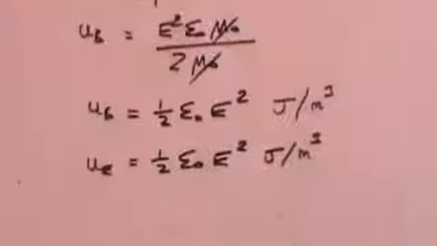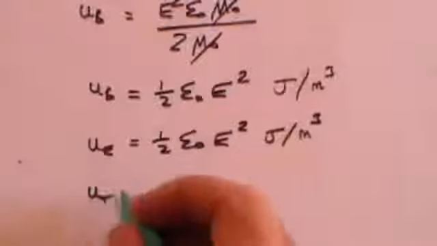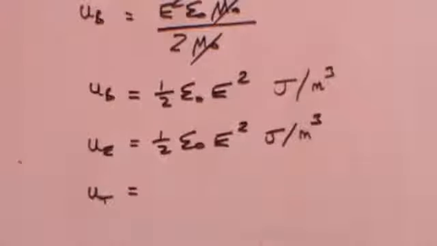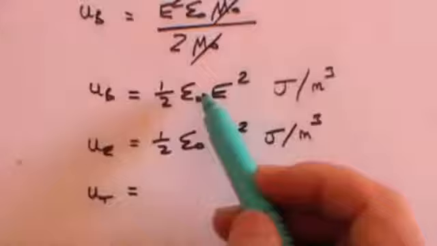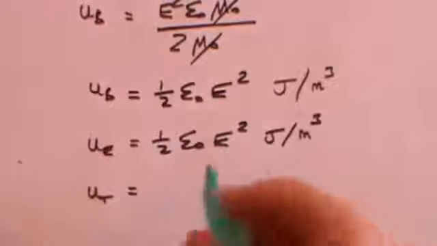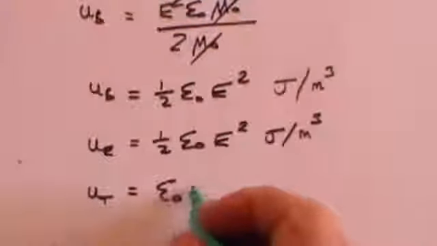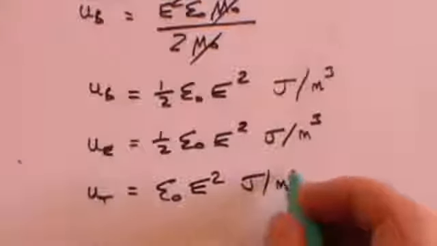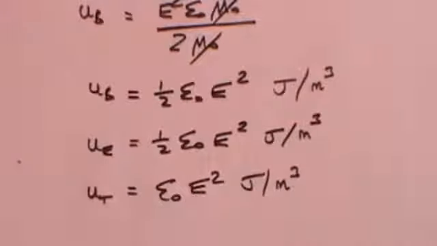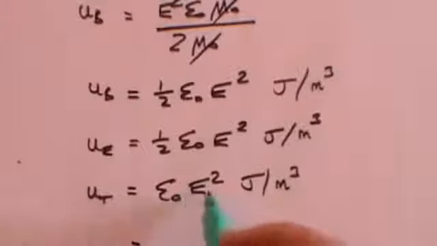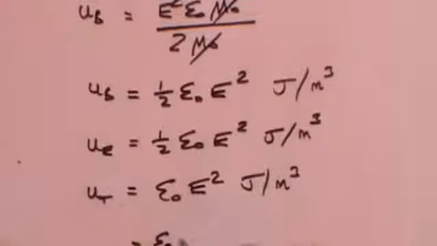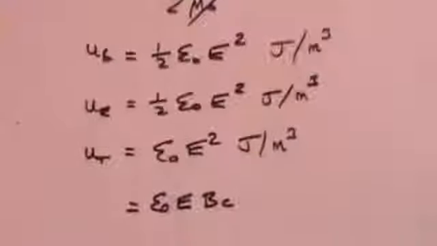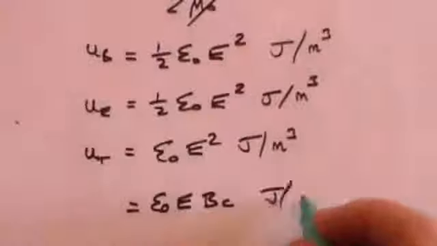So the total energy in the electromagnetic radiation, which we'll call UT, total energy per unit volume, is the magnetic plus the electric, which of course is just epsilon naught E squared joules per meter cubed. Or you could write that, knowing that E is equal to B times C, you could keep one of the E's but replace the other with BC, and that's joules per meter cubed.